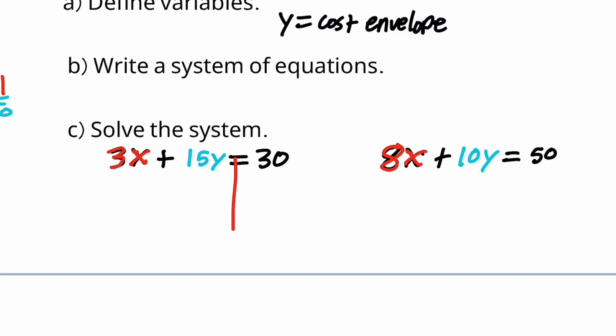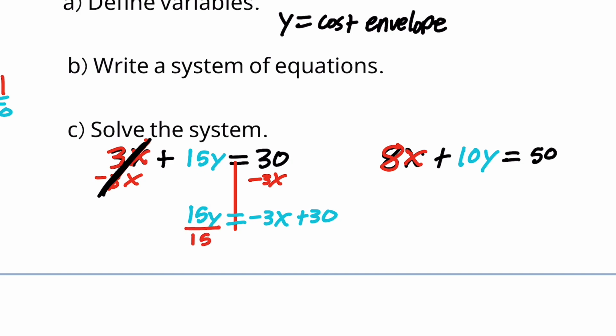So draw a line down my side. I'm going to subtract 3x on both sides. 3x and 3x goes away over here. Cross those out, and I'm left with 15y is equal to negative 3x plus 30. Finally, I divide by 15.